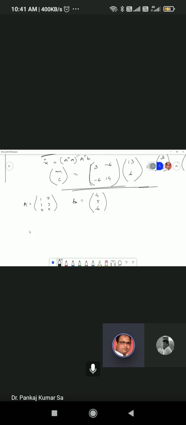Now, the column space of this A, these two column vectors, they lie in the xy plane. And this B vector is something like this here.